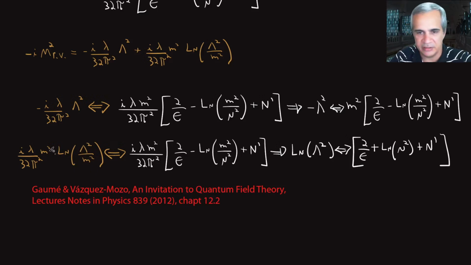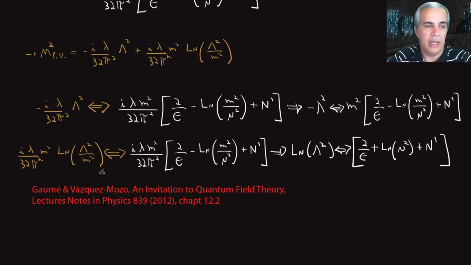You see this number up here is the same, the coefficient of the log of lambda. You can even remove a 2 here, which will be the same as these two. So the log of lambda has the same coefficient as this 1 over epsilon here. And this will become very important further down the line because we'll be using dimensional regularization quite frequently, almost exclusively.